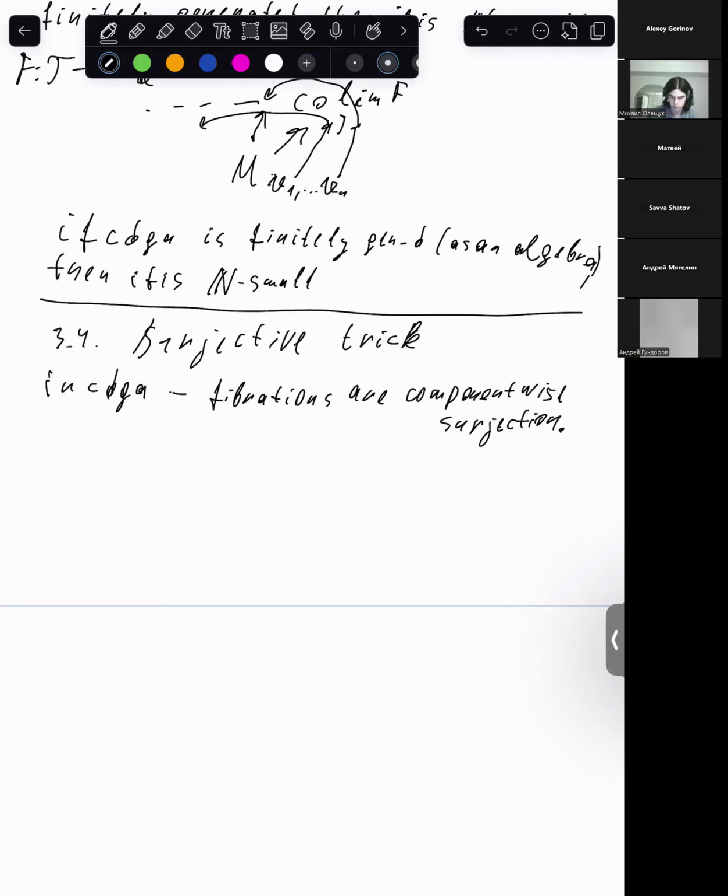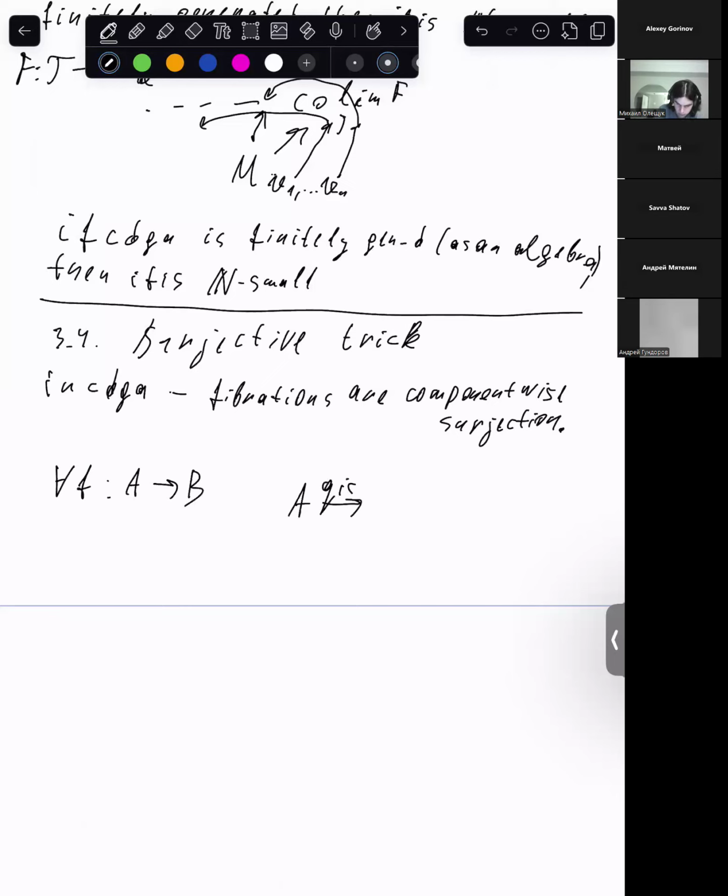For the existence of path objects, we use the surjective trick: for all morphisms F from A to B, we have a factorization.